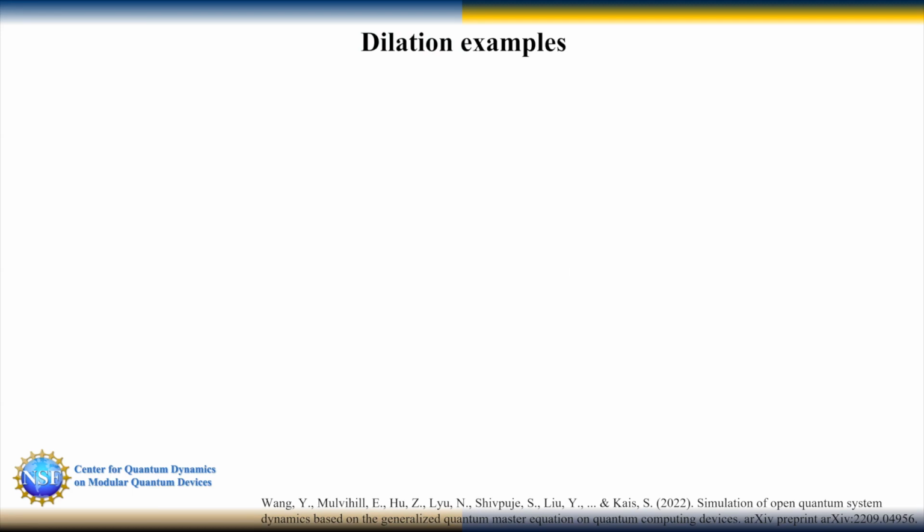Before we move on to the mathematical form, let's use a graphical illustration to understand how a non-unitary matrix defined on a lower dimensional space can become unitary when dilated to a higher dimensional space.